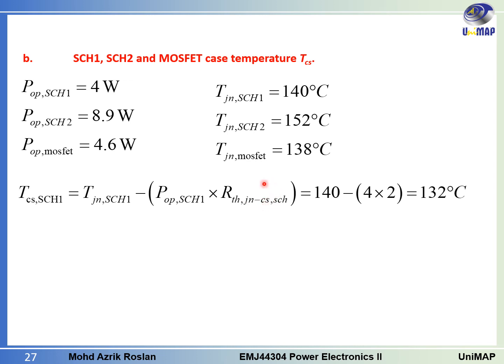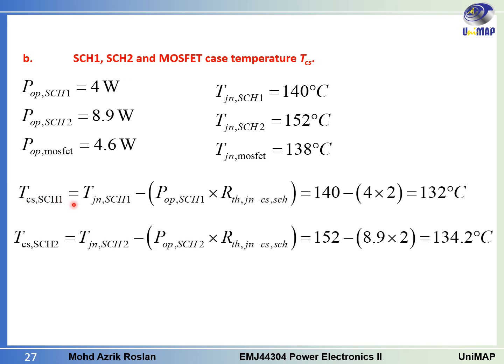Because we want to find the case temperature, we have to use the junction to case thermal resistance, which in this case is 2. So 140 minus 4 multiplied by 2 gives 132 degrees C. This is the case temperature for Schottky 1.